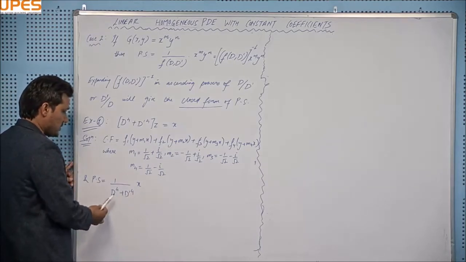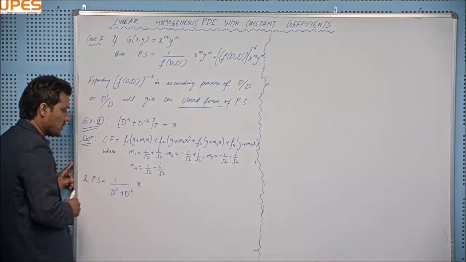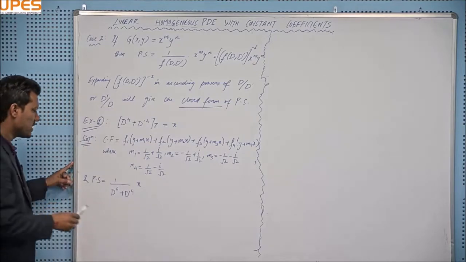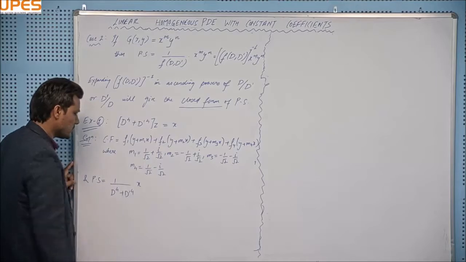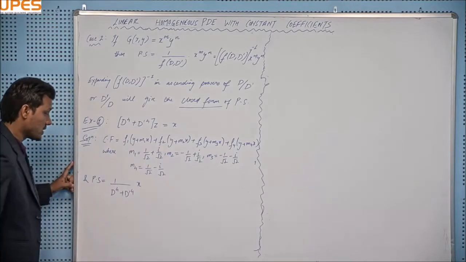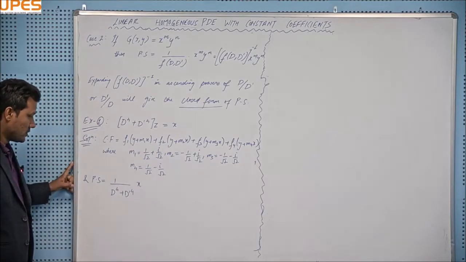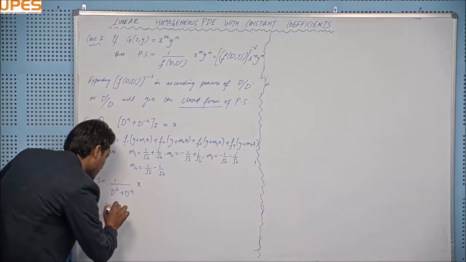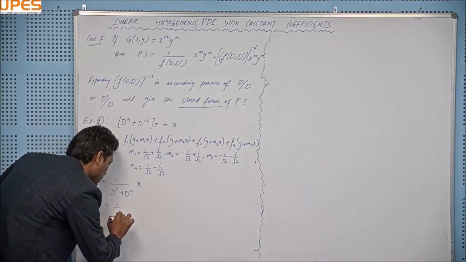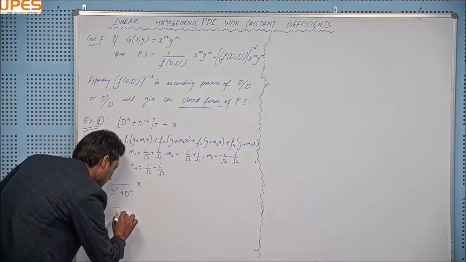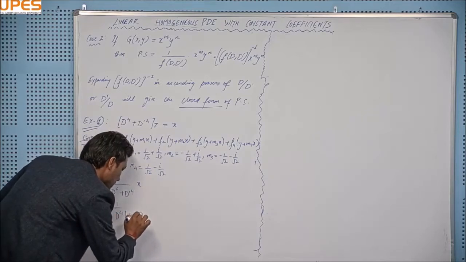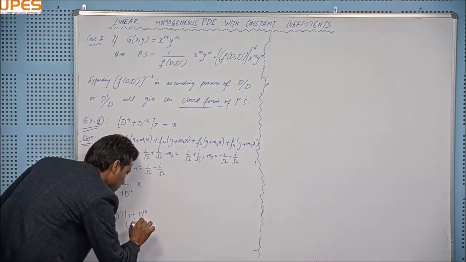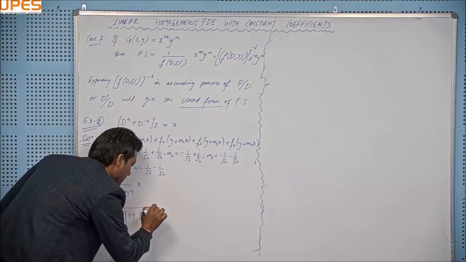Let me take D^4 common. Taking 1 upon D^4 common, inside I will have 1 + D'^4/D^4, and here I have x.